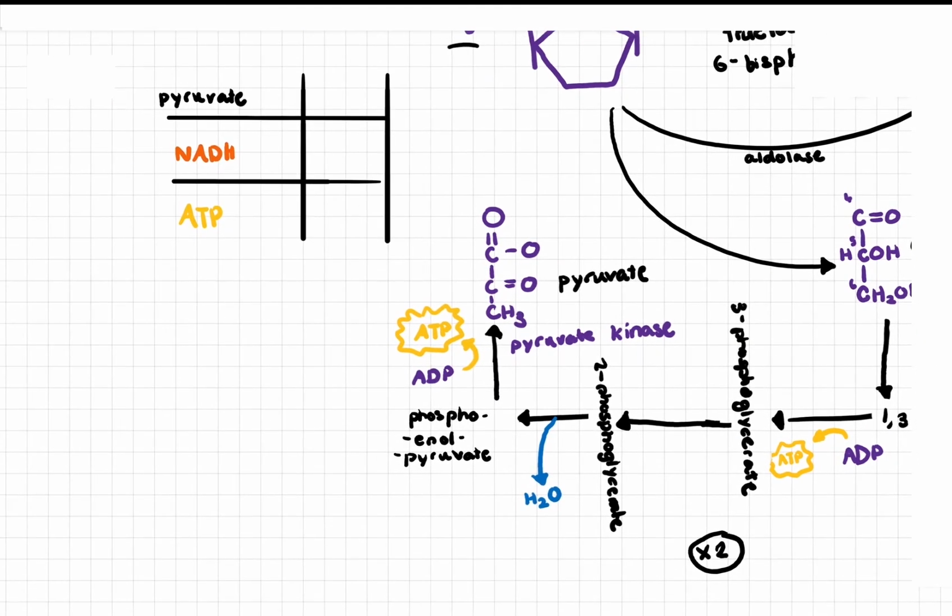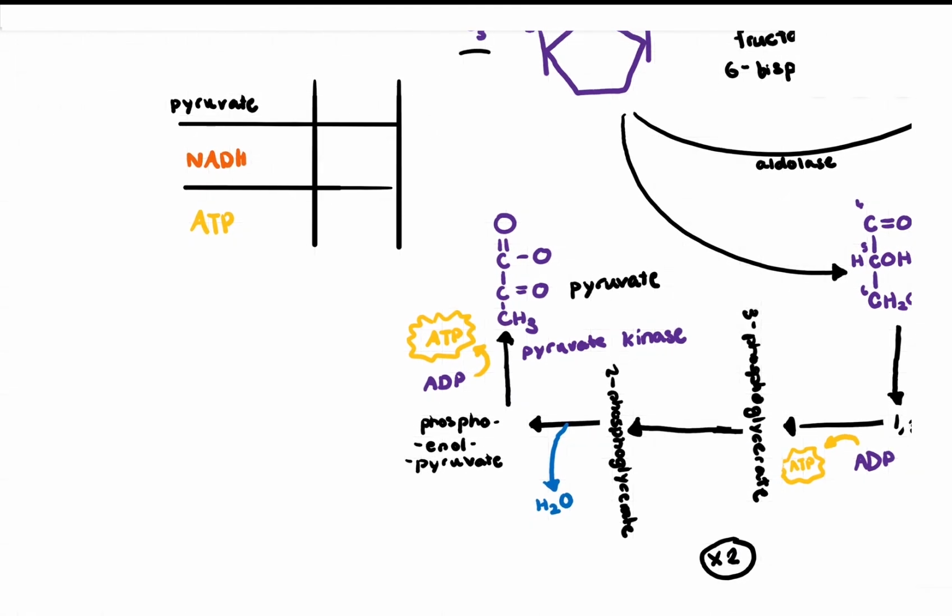Then you have another ADP to ATP, and that's through pyruvate kinase, and that's the second phosphate group leaving. And so you end up with pyruvate, which is a 3-carbon molecule. And this is the final molecule that's produced at the end of glycolysis. And so this is what's going into cellular respiration to continue the energy production.